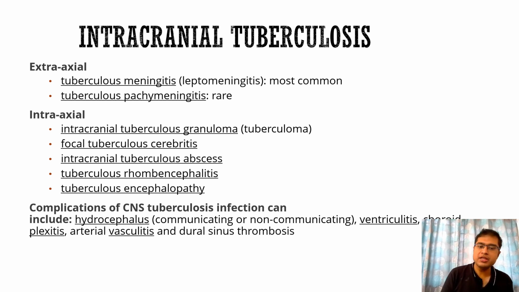The complications of CNS tuberculosis include hydrocephalus, which was present in this particular case, and it was of non-communicating type, that is obstructive hydrocephalus, because the granuloma was compressing the third ventricle and hence causing upstream hydrocephalus. Then there can be ventriculitis, choroid plexitis, and arterial vasculitis causing infarct.